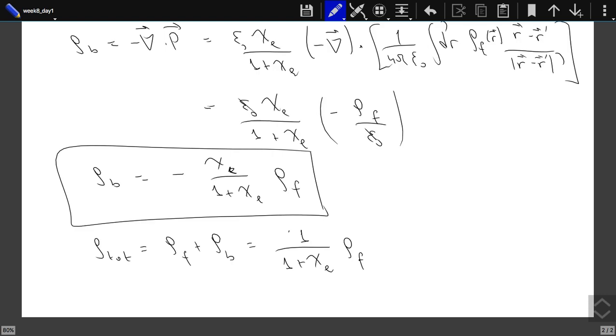The electric field will be the electric field created by the total charge, which is the free charge that we put over there, plus the bound charge that is induced due to this polarization of the medium, and the total charge will be just this fraction times the charge we have. So the observed charge will be less than the charge that we had actually put there because of the effects of our medium.